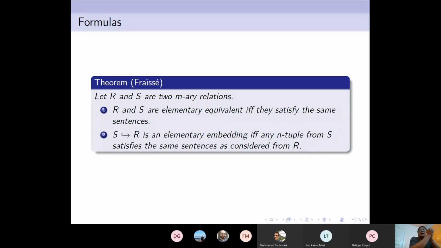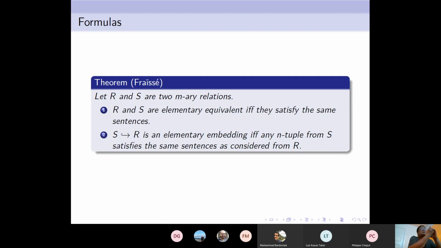S to R is an elementary embedding if and only if any n-tuple from S satisfies the same sentences as considered from R. So if it is an elementary embedding, we don't distinguish whether the n-tuple comes from S or from R.